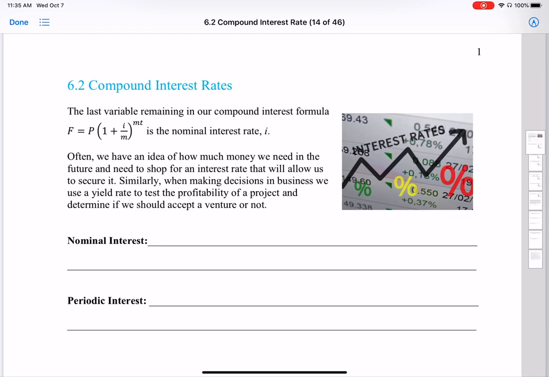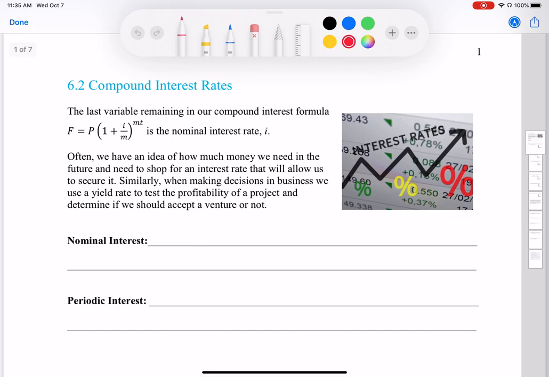We're going to continue our very exciting compound interest unit. And right now, we are looking at the compound interest formula. So this is the version that we're using.